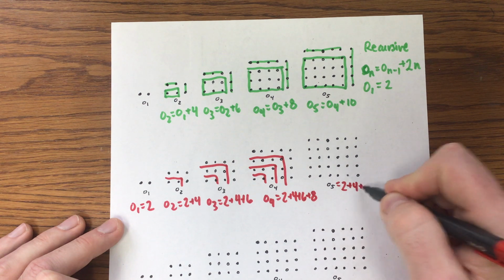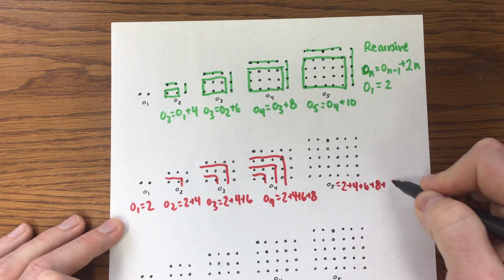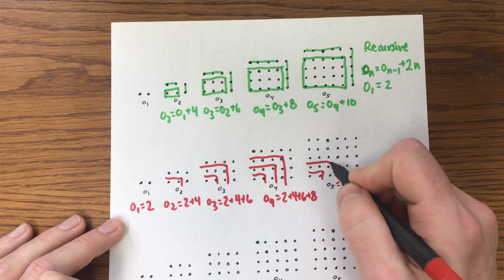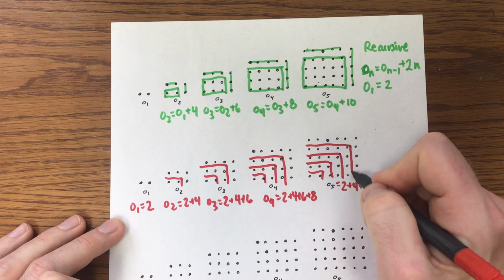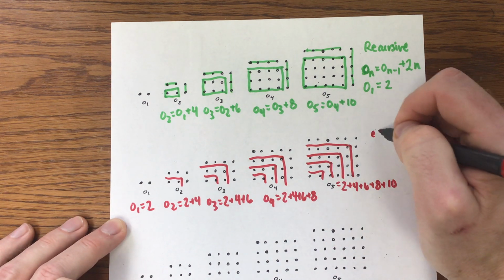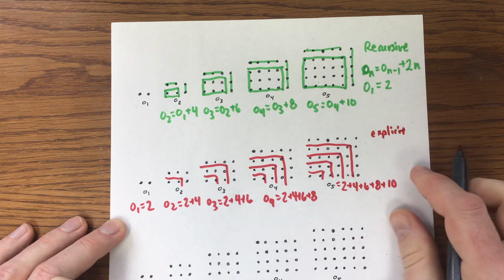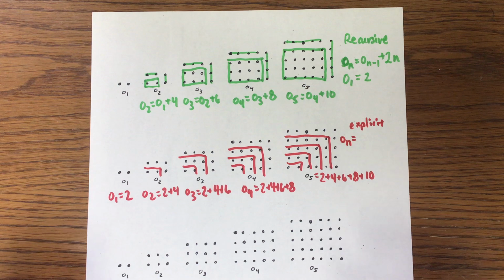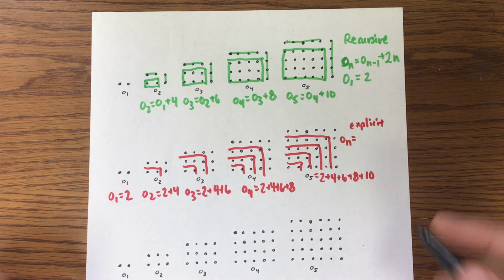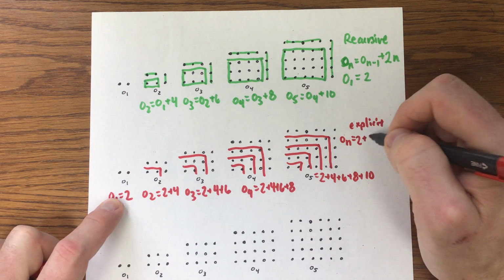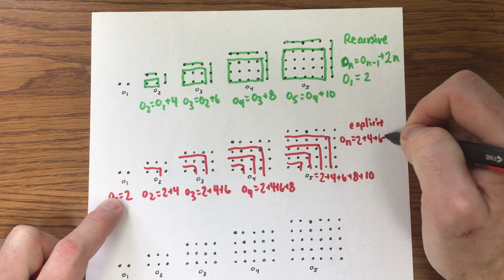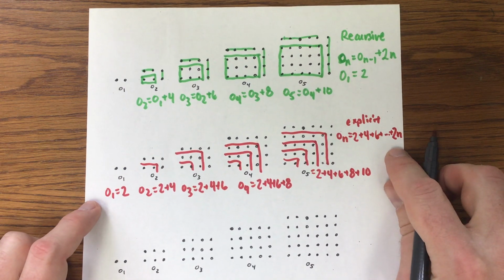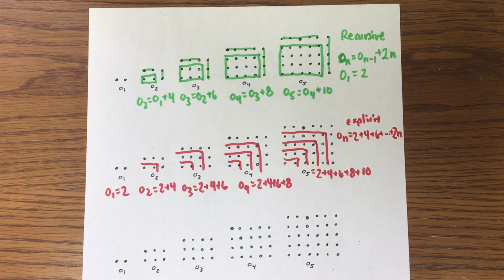O5 is going to be 2 plus 4 plus 6 plus 8 plus 10, the first 5 even numbers. And my explicit formula for this would say O sub n is going to be add up the first n even numbers. So start with 2 and 4 and 6 and keep on adding until you get to the nth even number, which is 2 times that index.